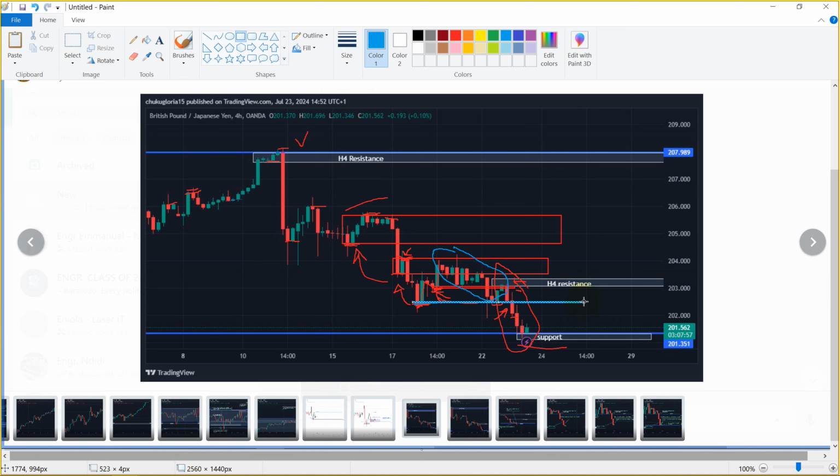Look at it. Immediately it took out this support, it dropped very hard, which is an indication that sellers were just waiting to break this support for us to go down further.